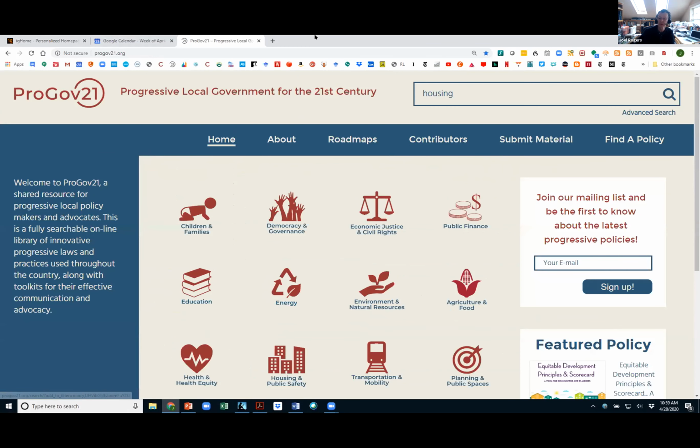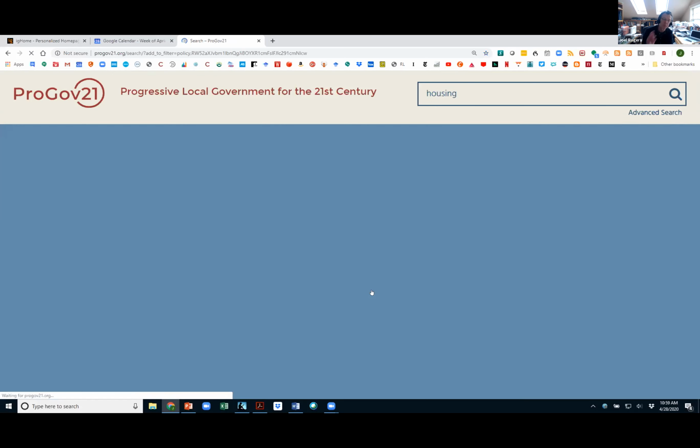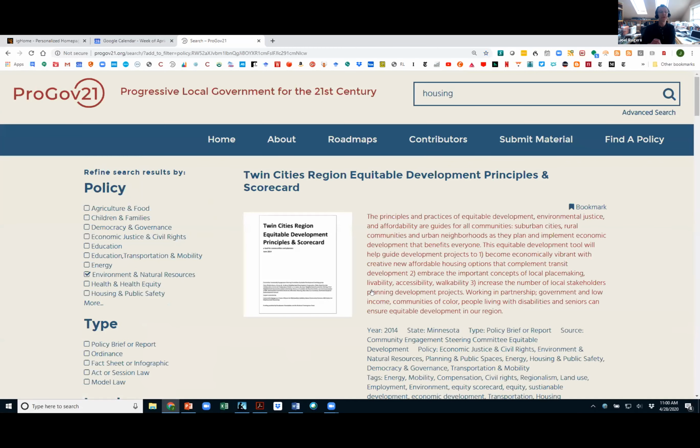The stuff is organized for you in different ways. There are 17 or 18 basic categories of things that governments have to worry about: children and families, democracy, governance, economic justice, civil rights, public finance, education, energy, environment, natural resources, and so on. You guys are very into environment and natural resources. If you pull this up, for example, these are our basic categories, and you'll see that there are a zillion things that we have there.